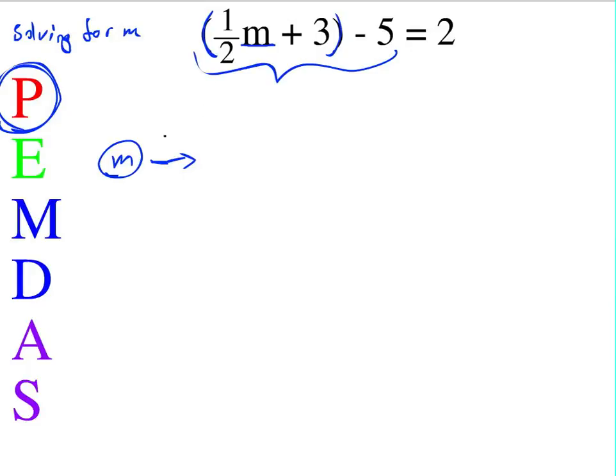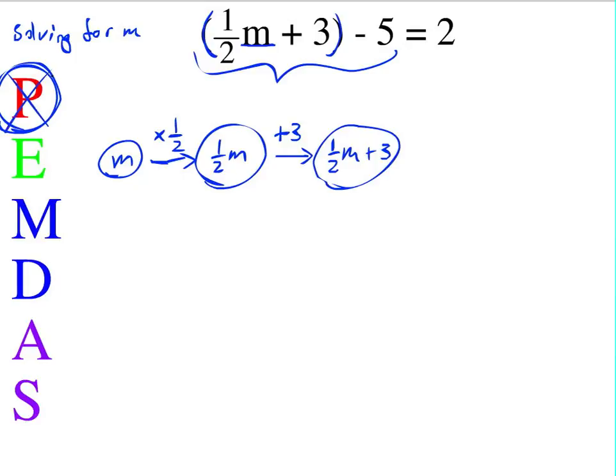So in this case, we are multiplying by 1/2. So our expression comes out as 1/2 m. That means our next operation inside the parentheses is adding 3. So our expression now becomes 1/2 m plus 3.